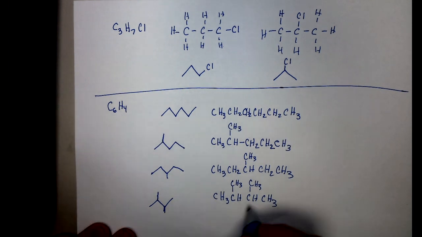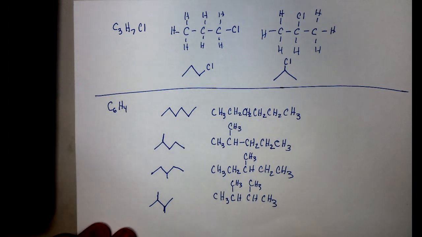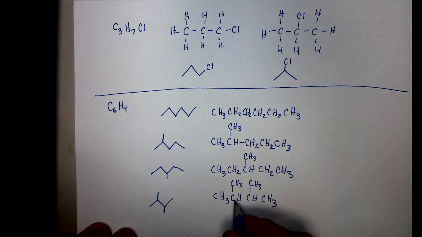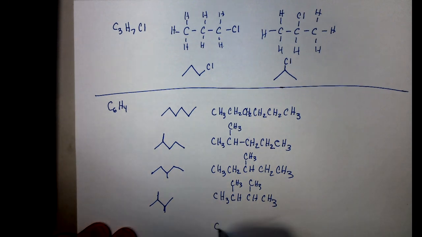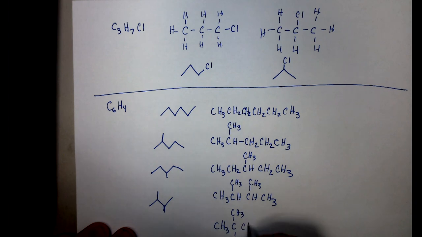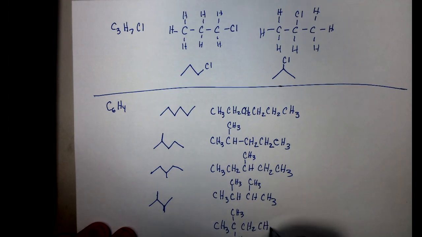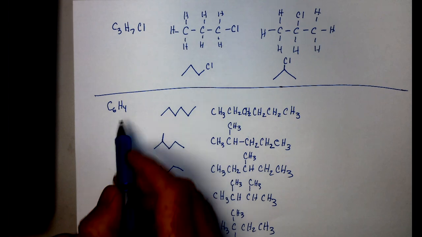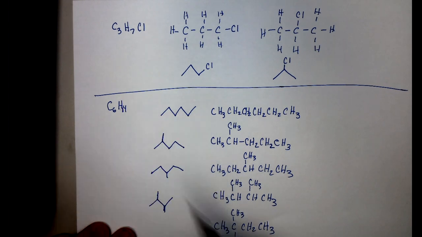Last but certainly not least, we could substitute 2 onto the same carbon. So we have CH3, C, CH3, CH3, CH2, CH3. If you notice, they all have this formula C6H14, which is our normal hexane.